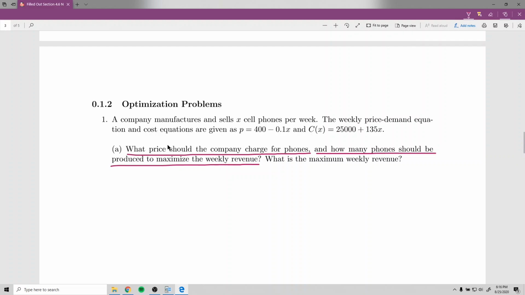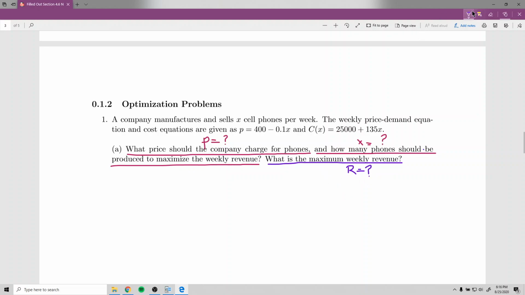Right, so outlining here, it's asking for what P should be. What should X be, because X represents the number of phones. And then once you figure that out, what is actually the maximum weekly revenue R? Right.